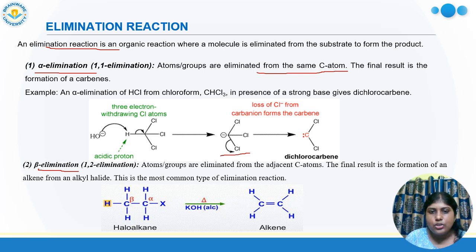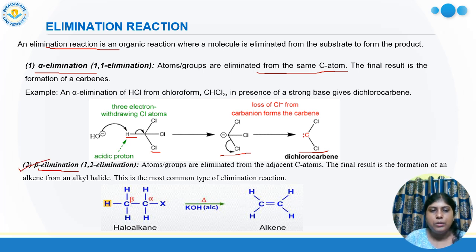This is CCl3 minus, and if one Cl minus is removed from here, then dichlorocarbene will form. This is the dichlorocarbene. So this hydrogen as well as this chlorine, both atoms are eliminated from the same carbon atom. So this is called alpha elimination or 1,1 elimination.